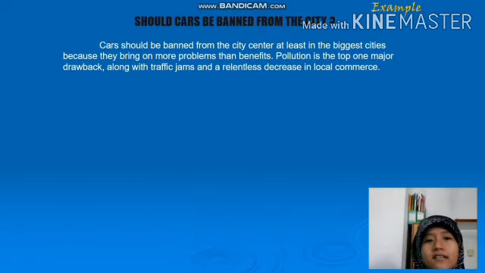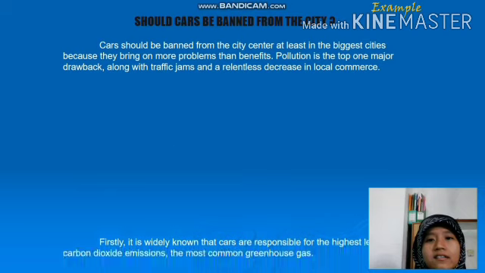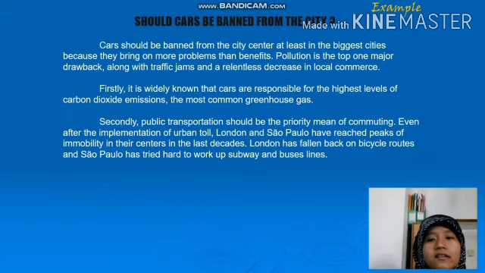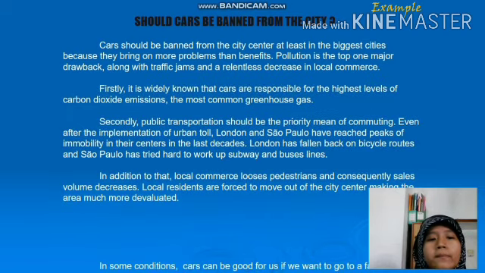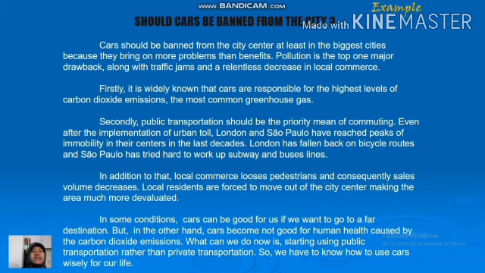Okay, that's the example of analytical exposition text. The title, should cars be banned from the city? Okay, take a look at the paragraphs. Okay, please read the text first.